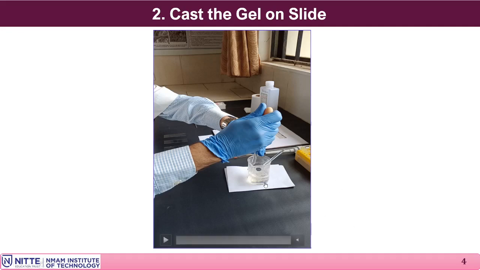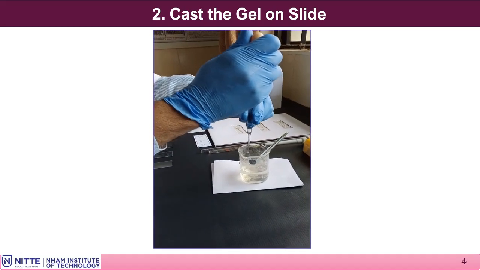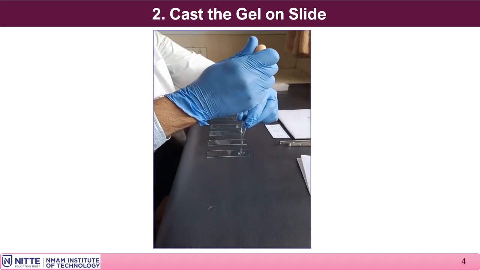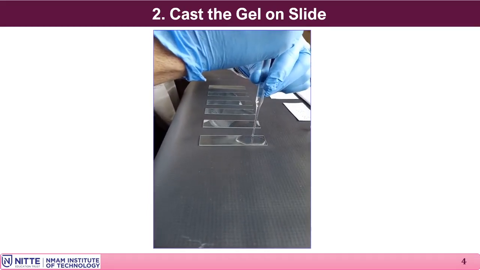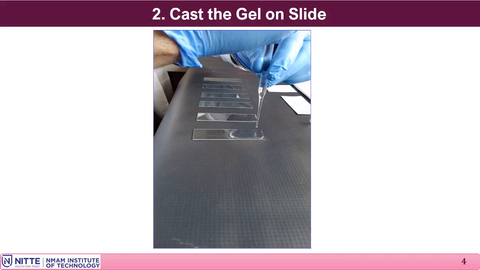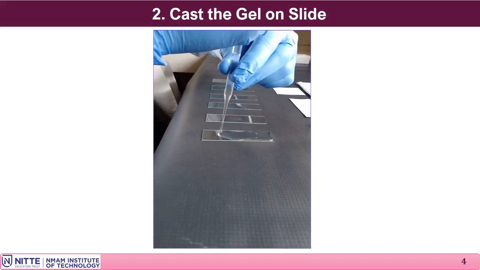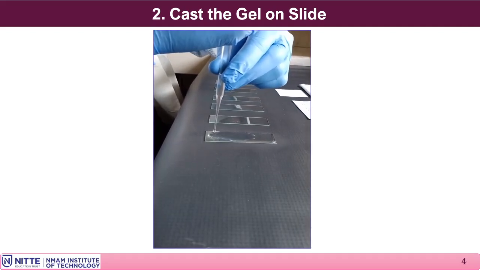Here I am going to demonstrate the preparation of the slide with the molten agarose. I am taking one full pasture pipette of molten agarose, which is 2% in buffer, and dropping it on the slides which are cleaned previously with alcohol.